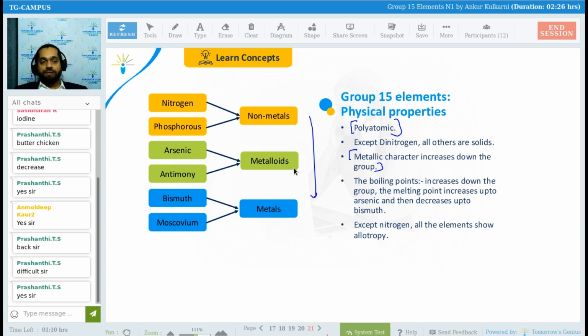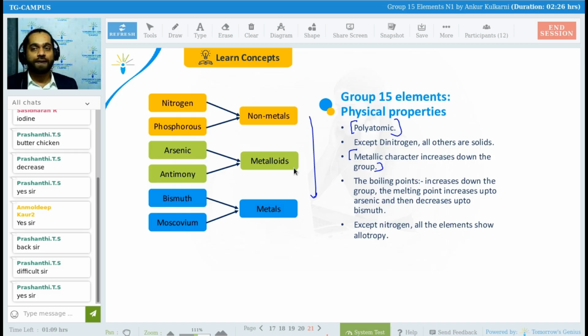More than one atom, obviously, it is polyatomic. It is written polyatomic, so you cannot define it as just more than one atom. Give me any example.